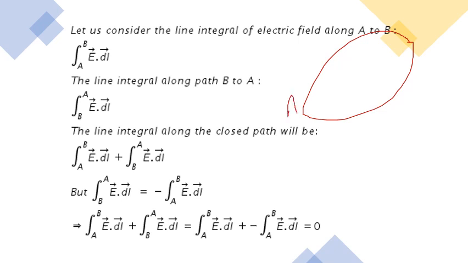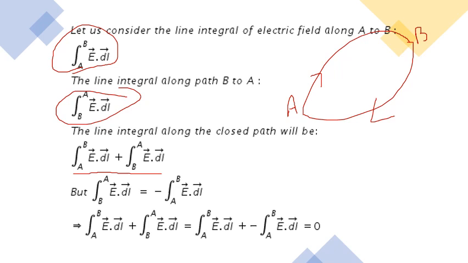This is your point A, and on the other side you have point B. If you go from A to B, then the work will be the line integral of E dot dl from A to B. If you want to move from B to A, the line integral will be from B to A. And the total closed path line integral will be A to B plus B to A. But we know that the integral of E dot dl from A to B is equal to minus the integral of E dot dl from B to A. If you put this value here, you will get 0.